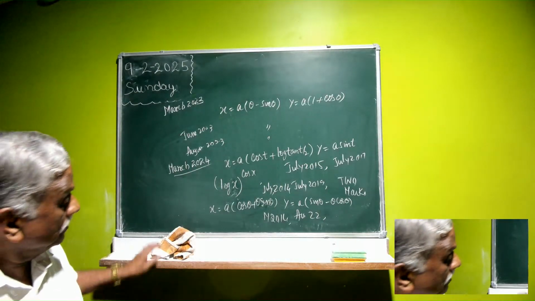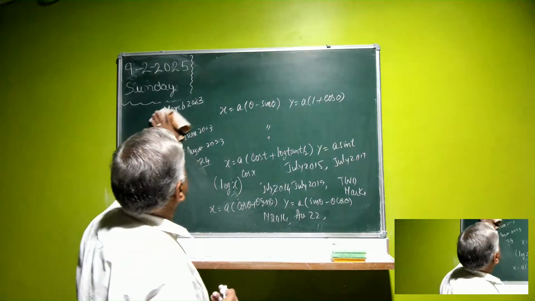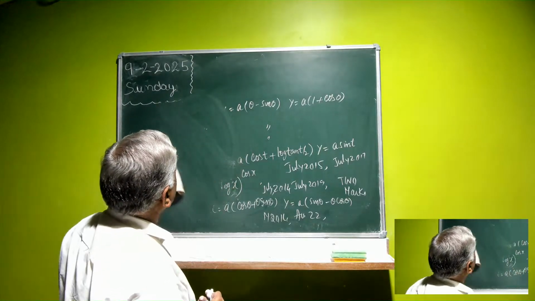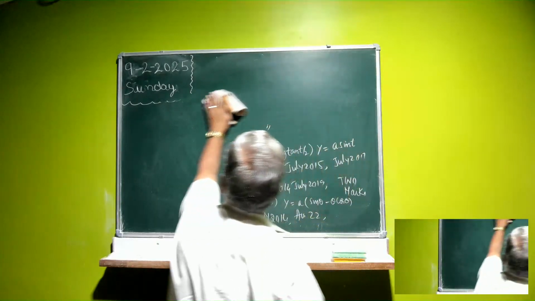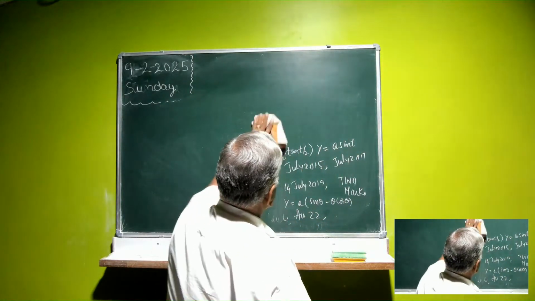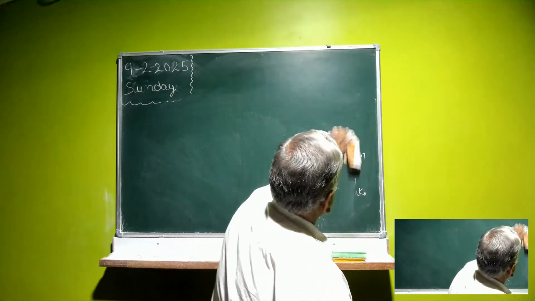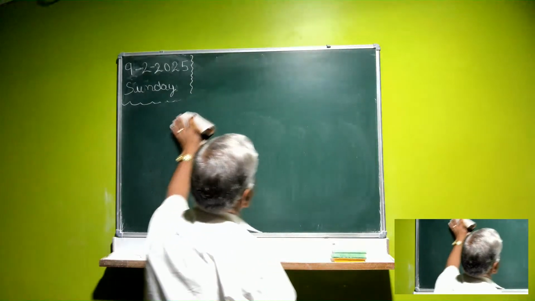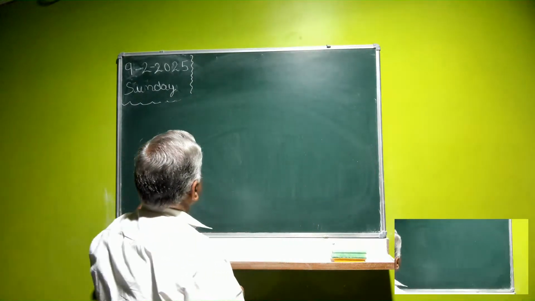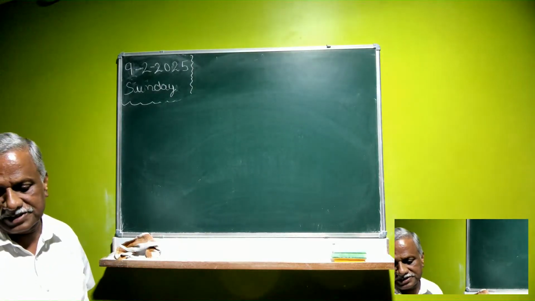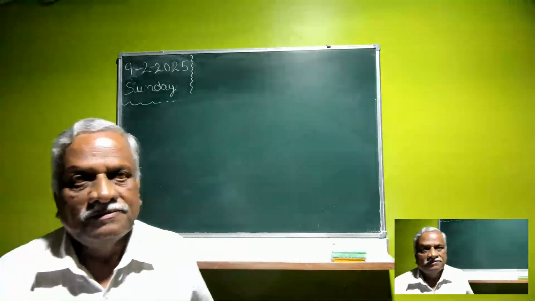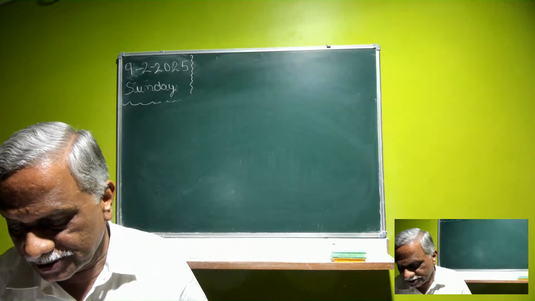Let's go to the model papers. This year, PUC board has sent 3 model papers. So one advantage is we will solve all the problems. Of course, I am solving only the problems pertaining to differentiation here. If we find time, we can solve the other problems.